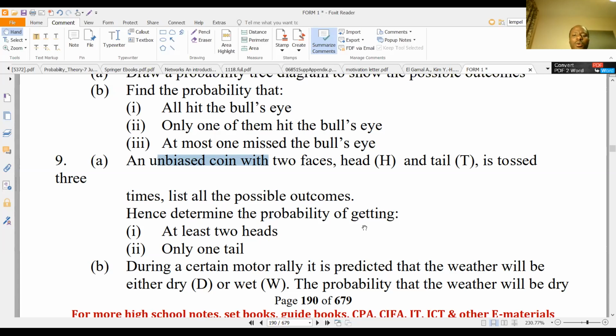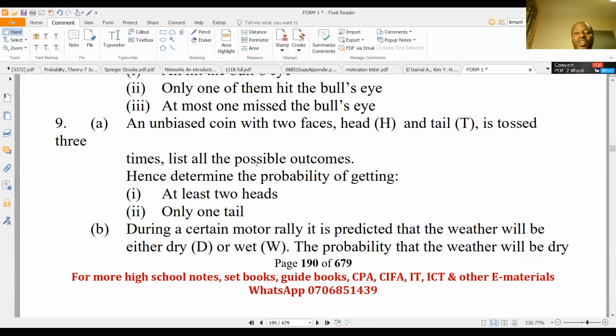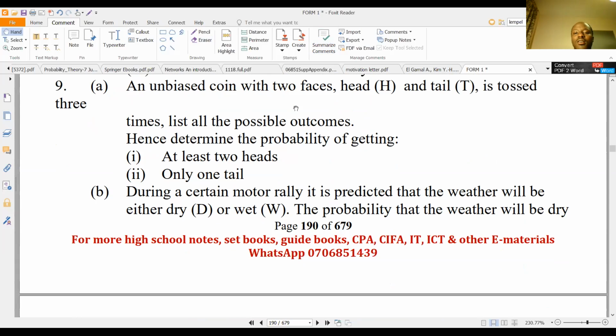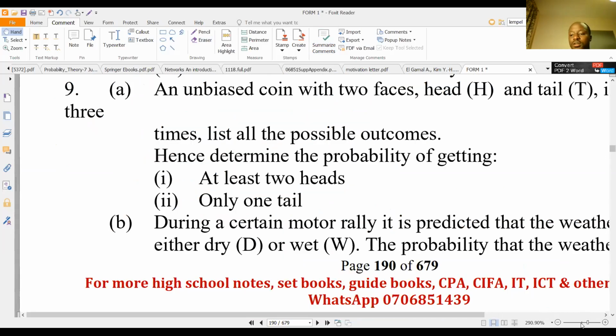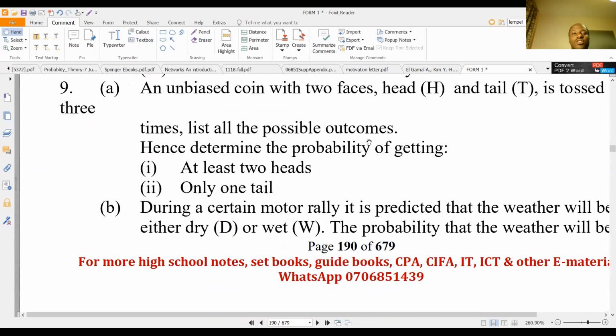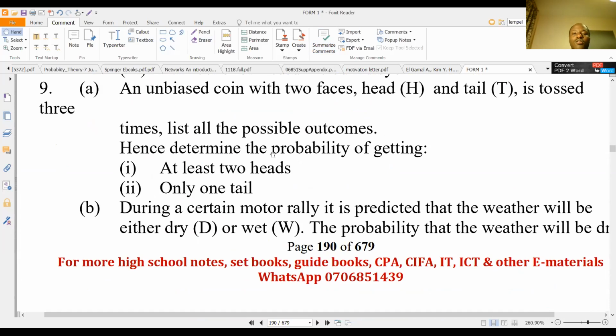Hence, find the probability of getting at least 2 heads and only 1 tail. So take note: an unbiased coin with 2 faces is tossed 3 times.